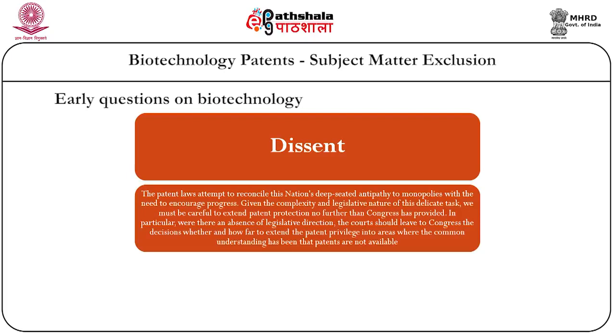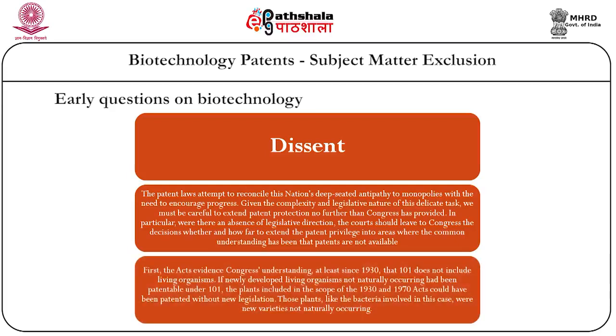In particular, where there is an absence of legislative intention or direction, the court should leave to the Congress the decisions whether and how far to extend the patent privilege into areas where the common understanding has been that patents are not available. The court also went on to record its dissent by stating, first, the Act's history evidences Congress's understanding that at least in 1930, 101 does not include living organisms.